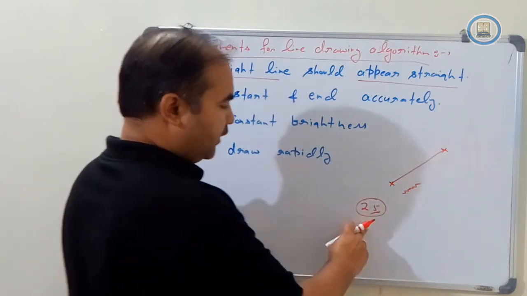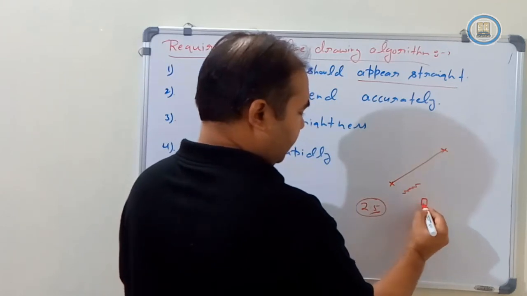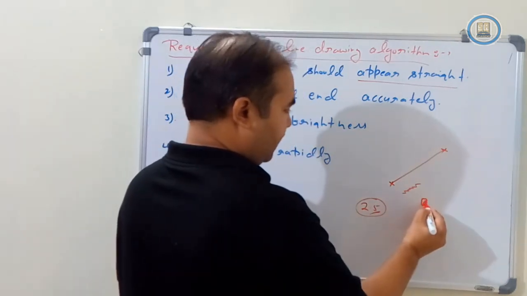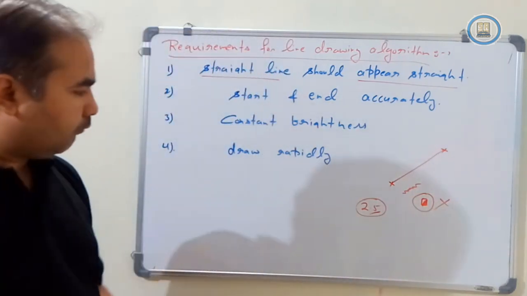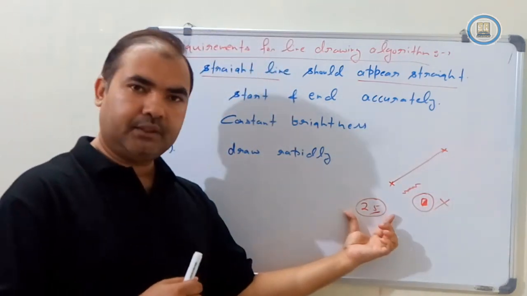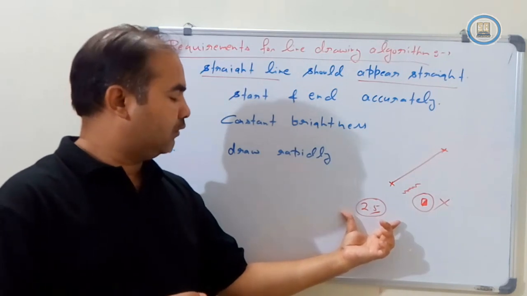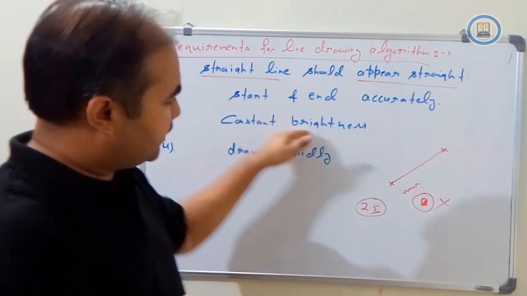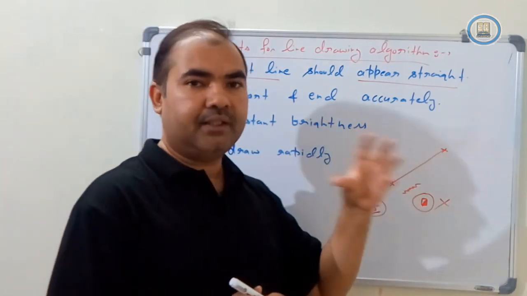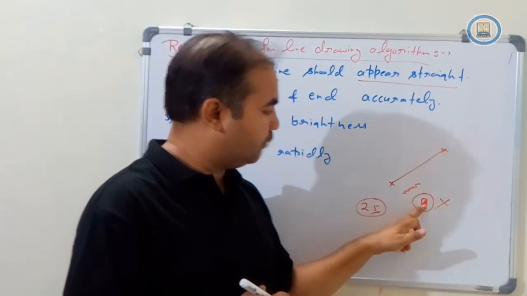So we cannot say that this pixel is 0.5 and we will glow half of the pixel. That is completely wrong. So either this value will be 3 or 2, depending upon the algorithm. So the brightness should be constant, that is, the pixel should glow completely. It is not possible to display the pixel partially.